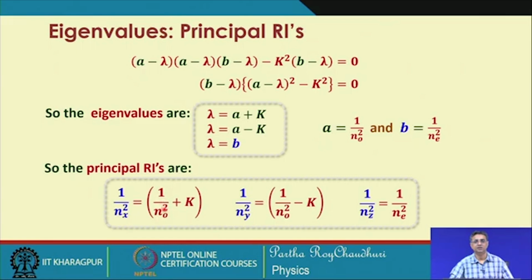So, this is your new 1 upon n x square, and this is 1 upon n y square, which are the new principal refractive indices. This 1 by n z square, that is n e square, remains the same.